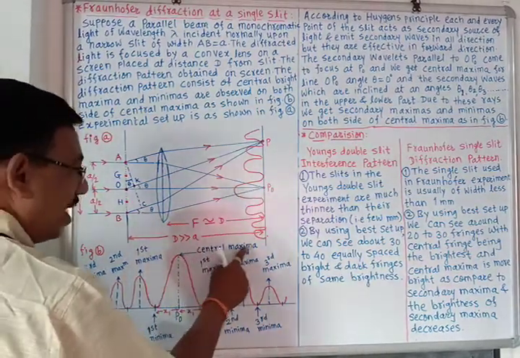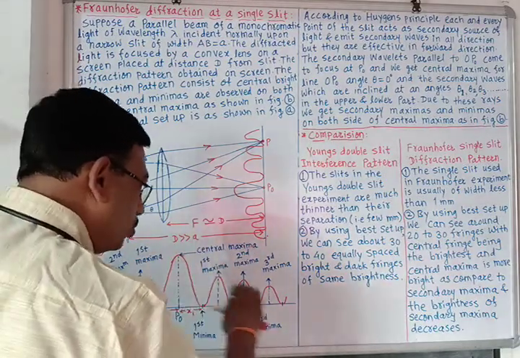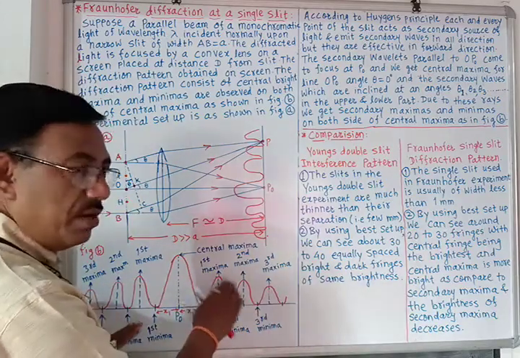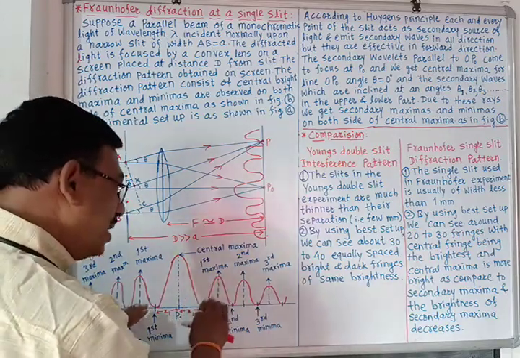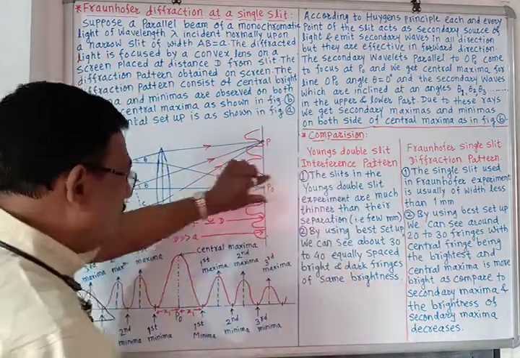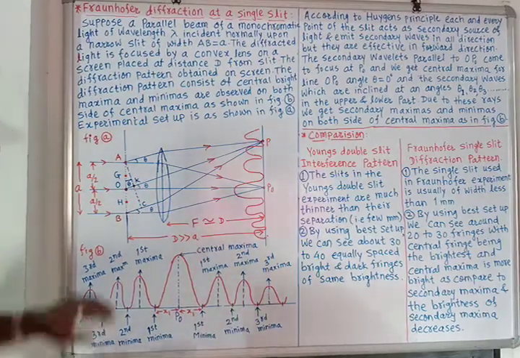Brightness of central maxima is more and fades out or becomes fainter. Brightness decreases as you move away on both sides of this central maxima. The brightness goes on decreasing.